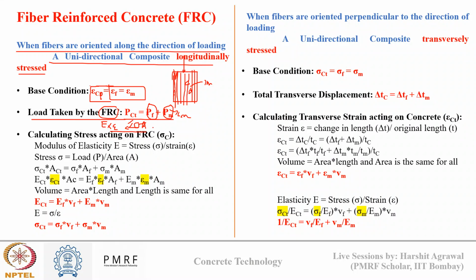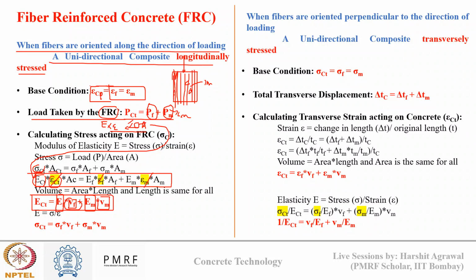So I have performed this calculation and written this equation here. Okay, so first I have written load as stress into area, and then stress as elastic modulus times the strain. Now since the strain is the same in all the three components, it will cancel out. So the net modulus of elasticity of my concrete will be given by the elastic modulus of fibers times the volume fraction of fiber plus elastic modulus of matrix times the volume fraction of matrix.